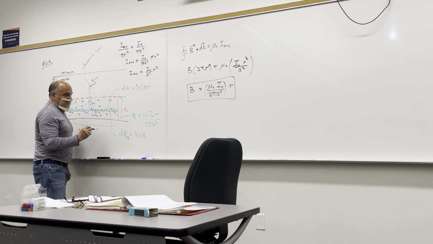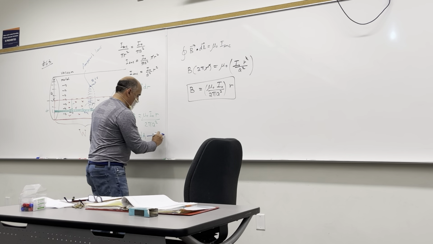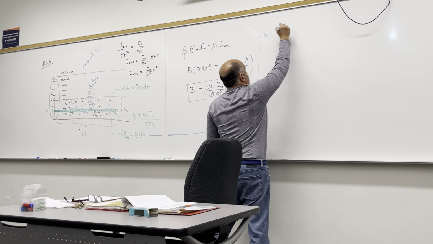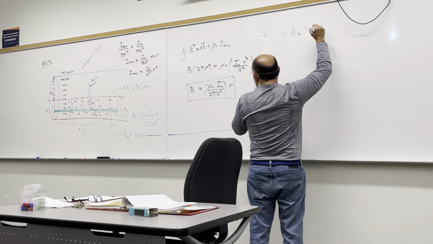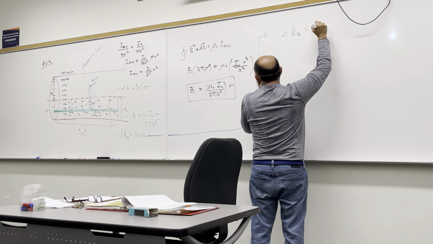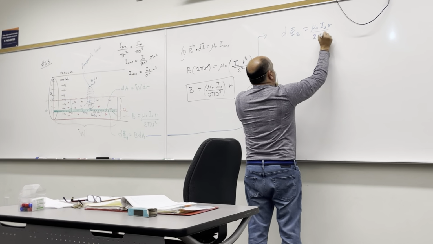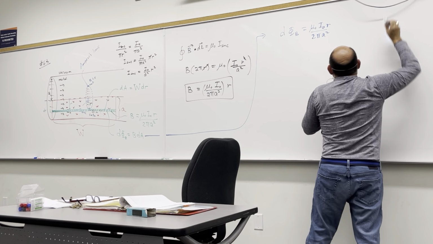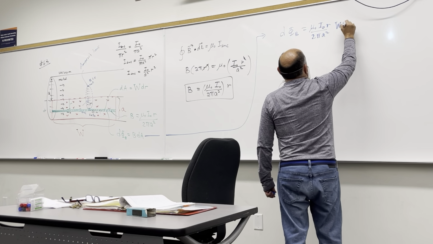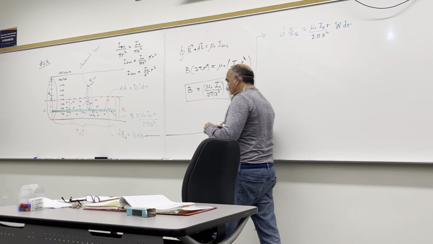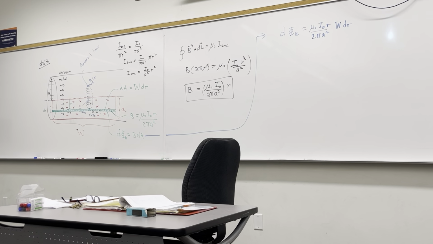So that magnetic flux will be the magnetic field at that distance r, which is mu naught I naught r over 2 pi a squared, multiplied by the area of that strip, which is W dr. So that's the magnetic flux through the green strip.